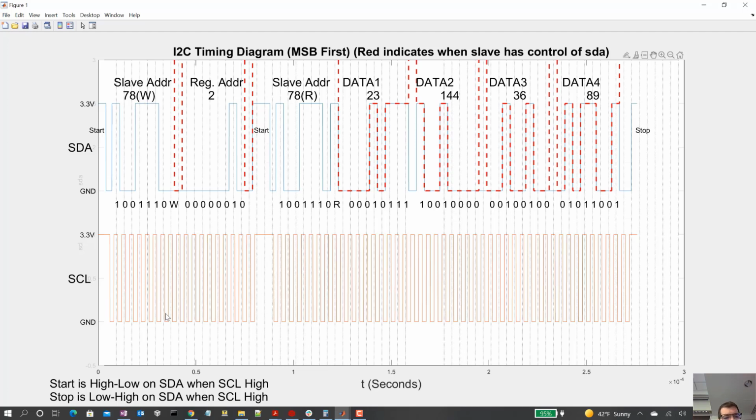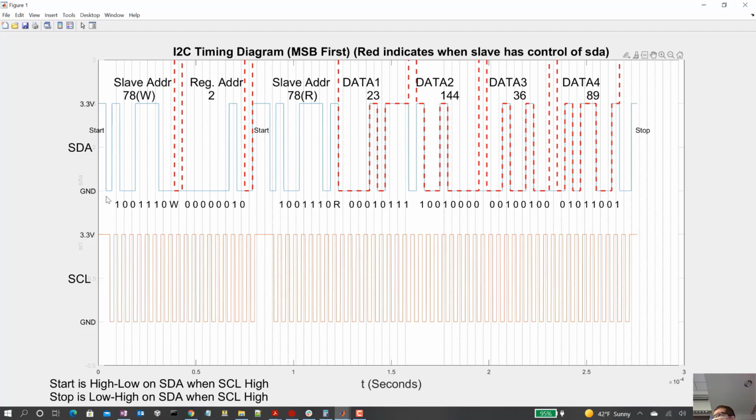It's only when the clock is low that the data line normally moves with the I2C protocol. The normal state of the I2C wires, both SDA and SCL, is high. When the clock stays high and the SDA line is pulled low by the master, that is the start condition.